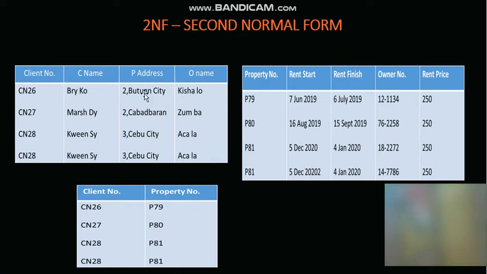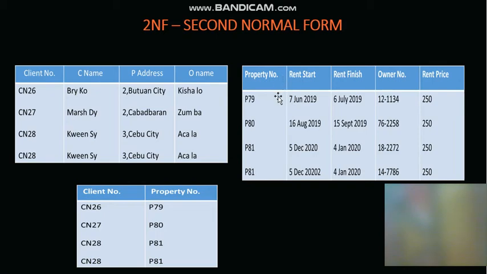These must be dependent upon both and not on any of the prime key attributes individually. But we find that the client name can be identified by the client number. The rent start and the rent finish, the owner number and the rent price depend on the property number.